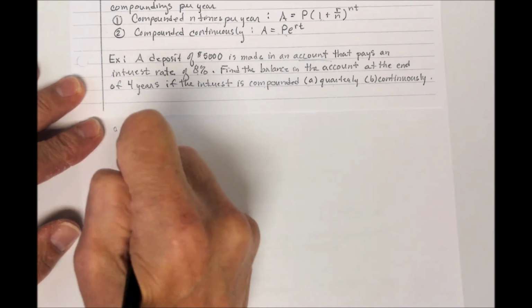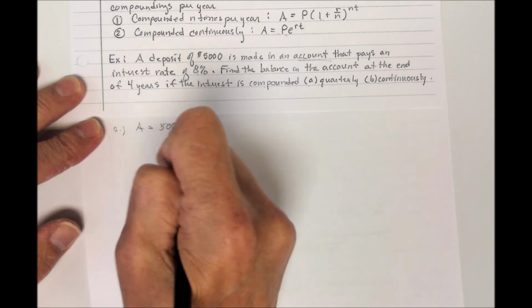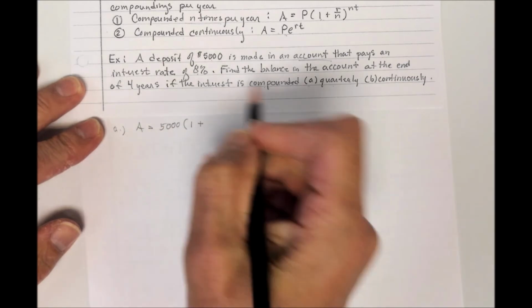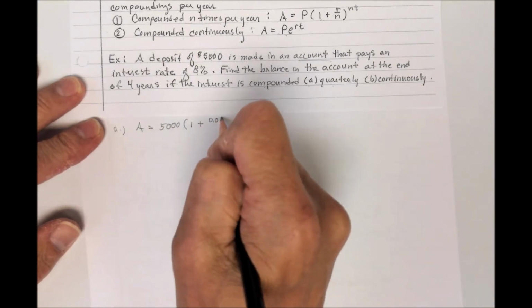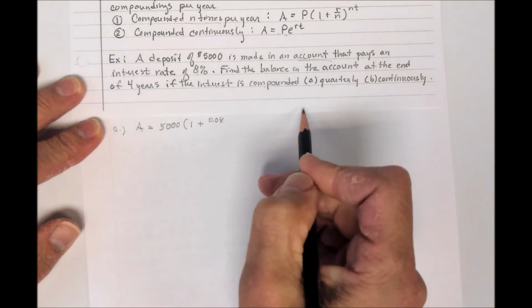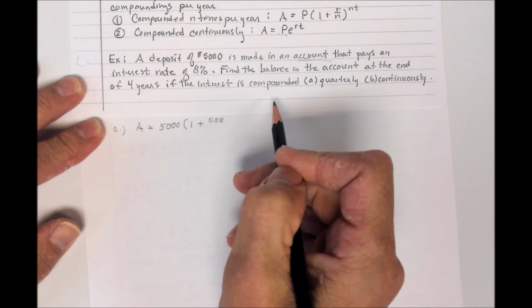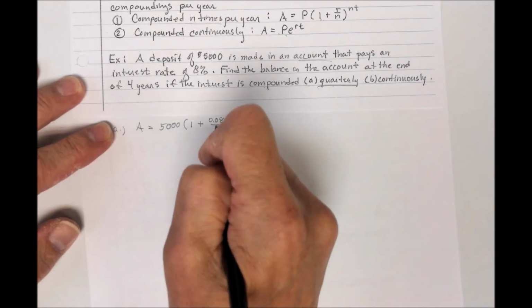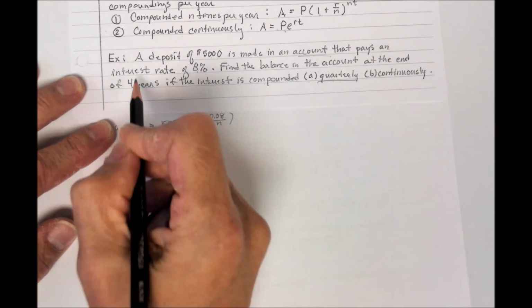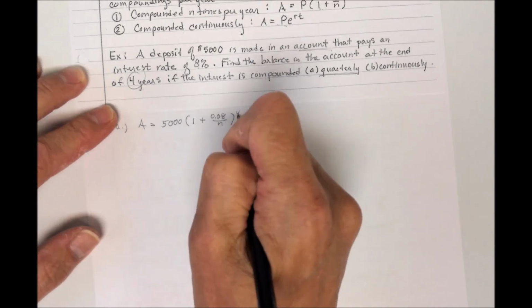A is equal to $5,000 times the quantity 1 plus my interest rate, 0.08. It's compounded quarterly. So N is 4, and this is going to be for 4 years. So this would be 4 times 4 up here.